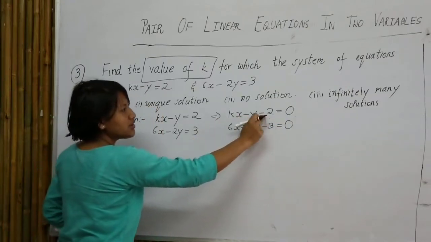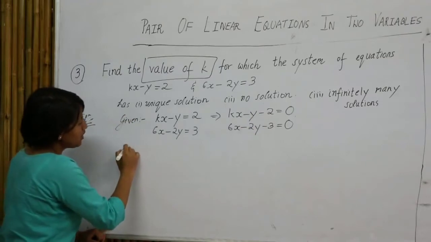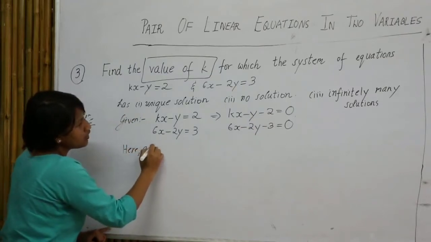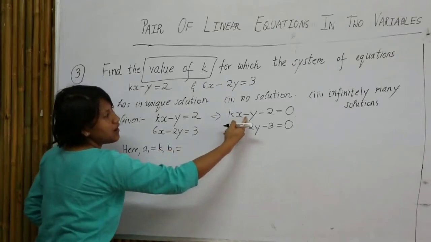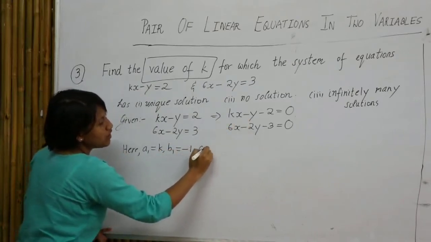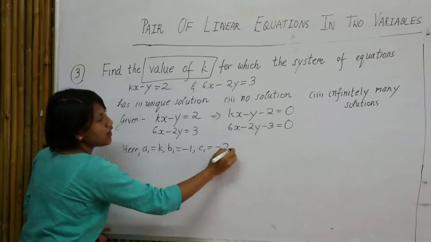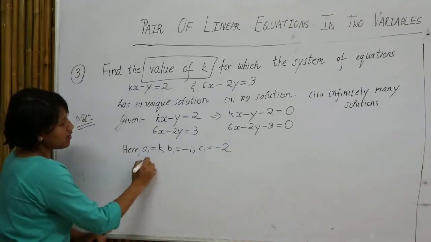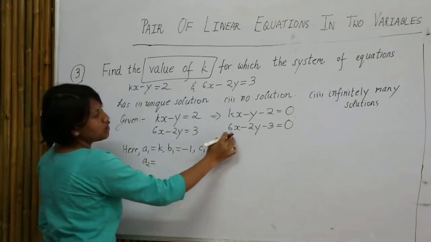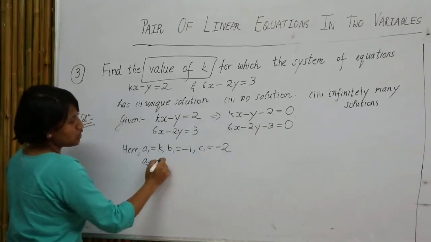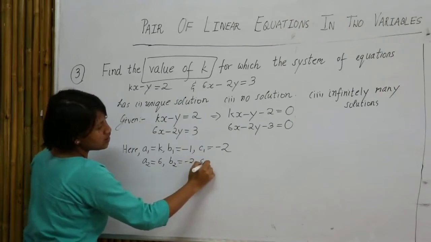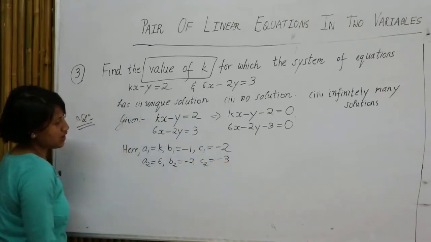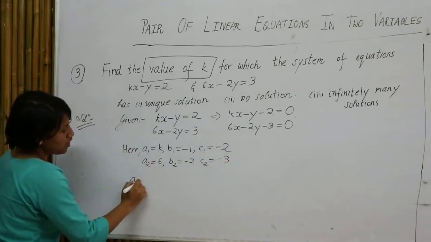A1, B1, C1: here A1 is k, B1, remember to take the negative sign as well, is minus 1, C1 is minus 2. Then A2, B2, C2: A2 is 6, B2 is minus 2, and C2 is minus 3.